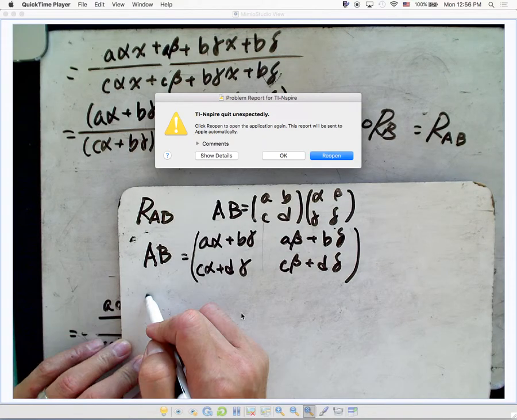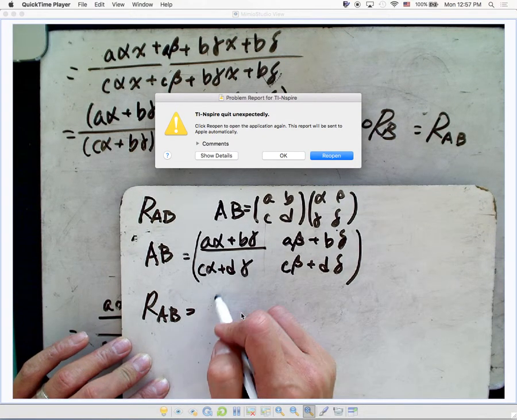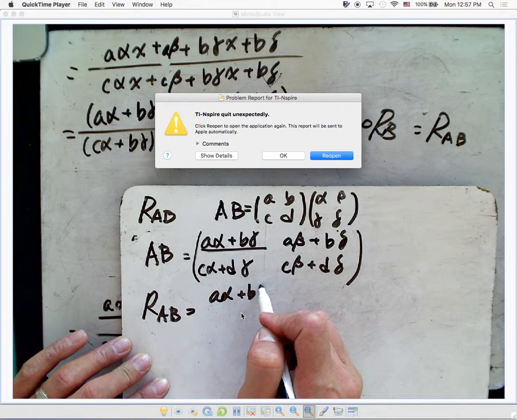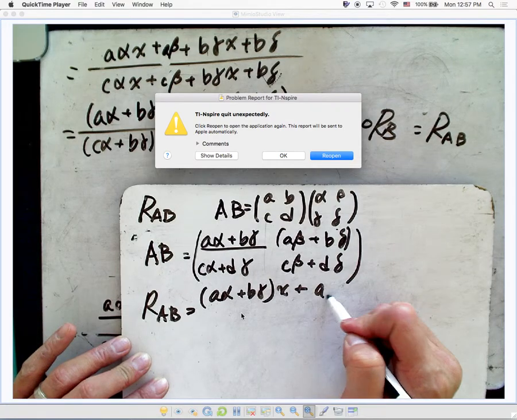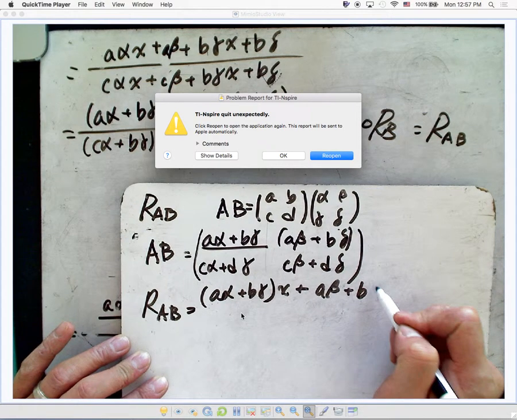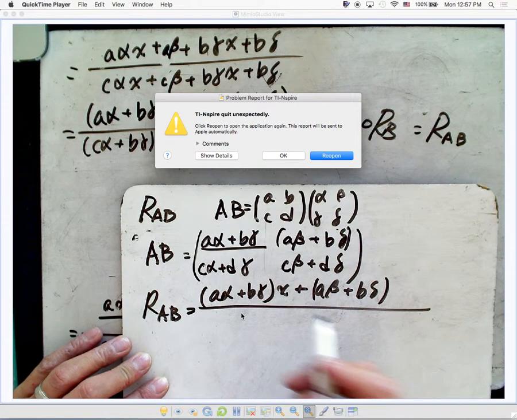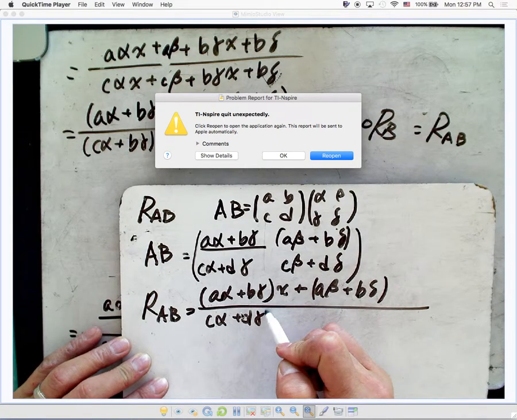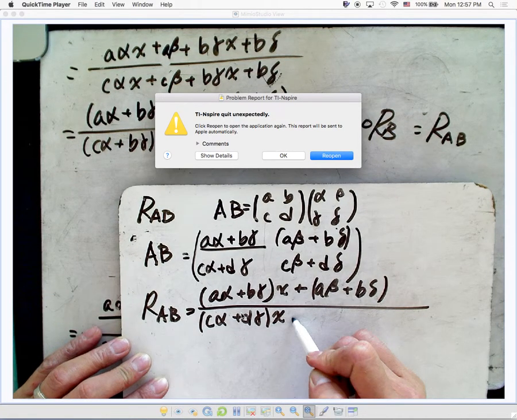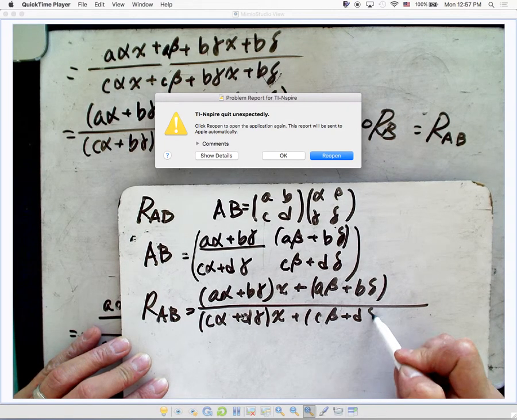So R sub AB is (a alpha plus b gamma) x plus (a beta plus b delta), all over (c alpha plus d gamma) x plus (c beta plus d delta).